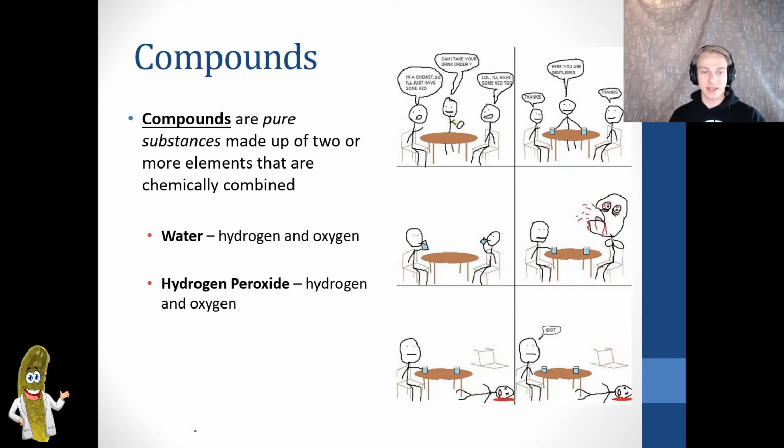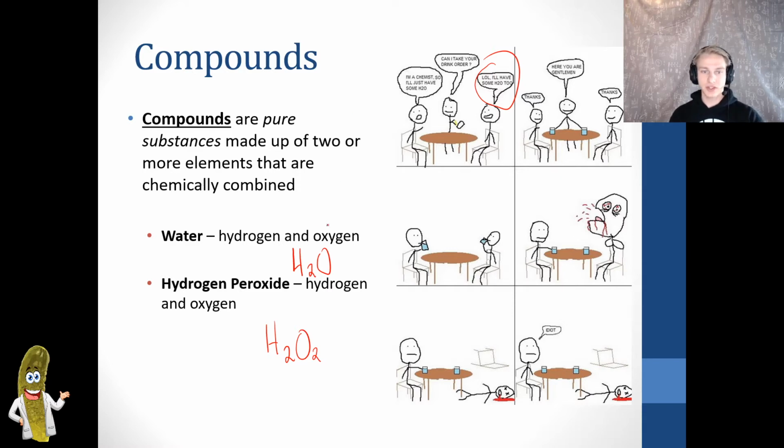And the reason is that water has a chemical formula, you probably know this one, of H2O. That's what the chemical formula of water is. Hydrogen peroxide, and the reason this guy's comment is really funny, hydrogen peroxide is H2O2. So they have the exact same elements in them, but a different number of those elements.